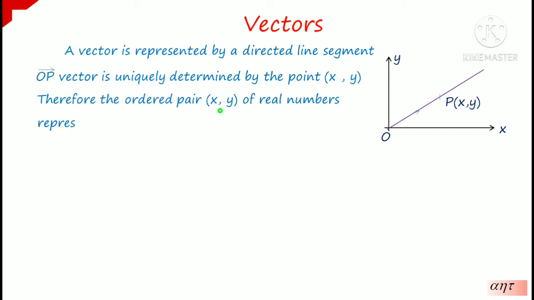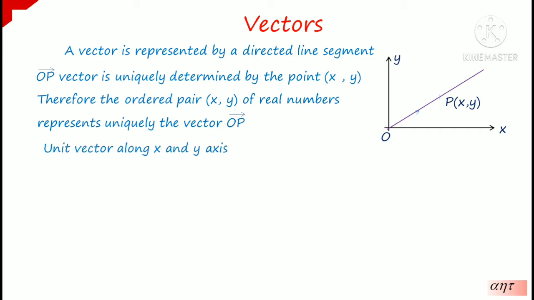For example, consider the unit vector along the x-axis, which is 1, 0, and along the y-axis, which is 0, 1. This is the ordered pair we use for the x-axis and the y-axis.